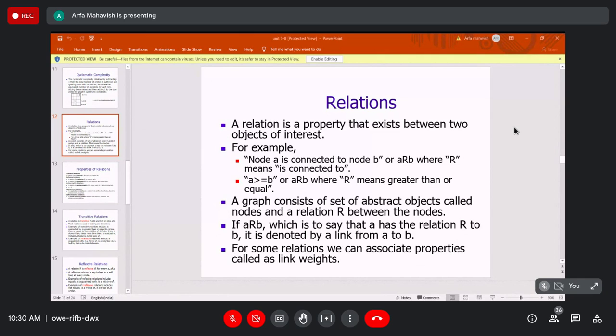Now we will look at what a relationship actually is. A relationship is a property that connects any two nodes.